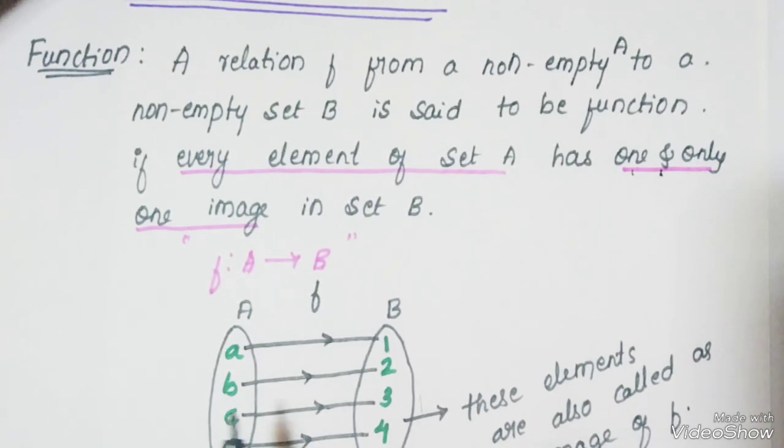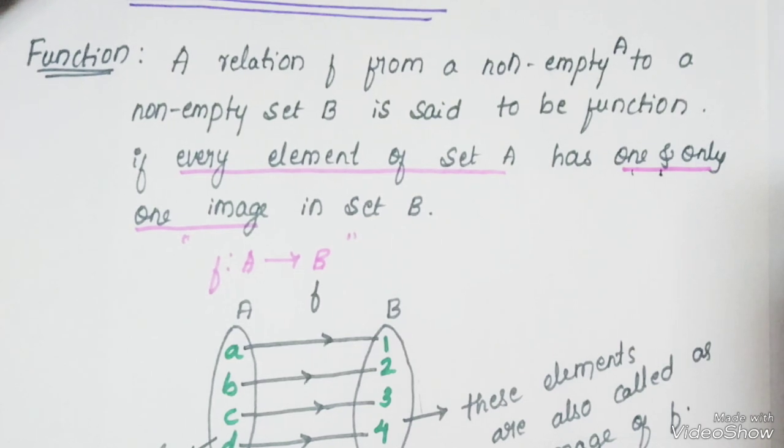Hence it is a function. These domain elements are called pre-images, and the codomain elements are called the image under f.